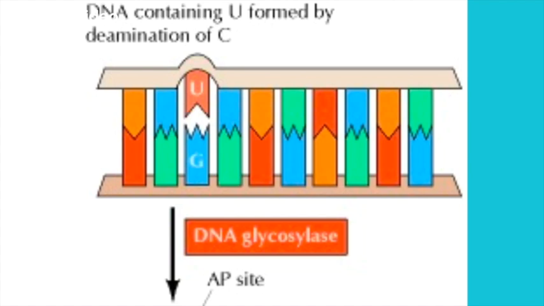So basically what the DNA glycosylase is going to do is remove the nitrogenous base, that is the U in this case, from the rest of the chain. So the sugar and the phosphate, which is the part of the backbone of the DNA, will remain intact. However, the uracil, which is only the base attached to the sugar, will be removed by means of DNA glycosylase.